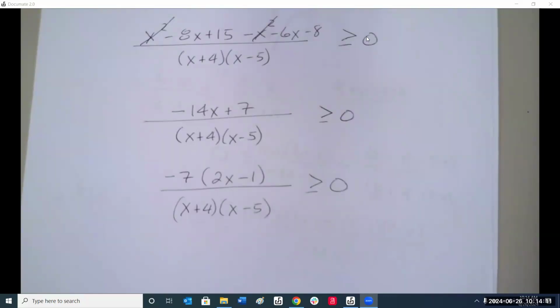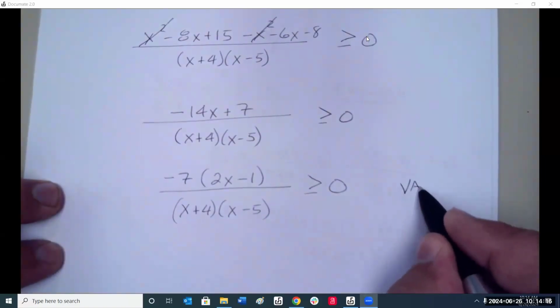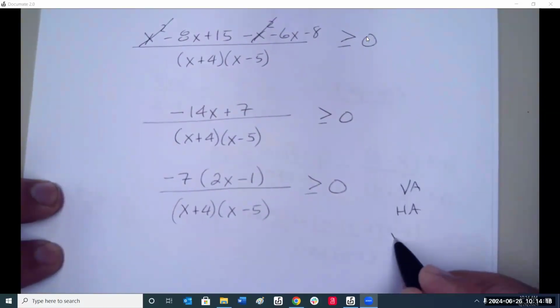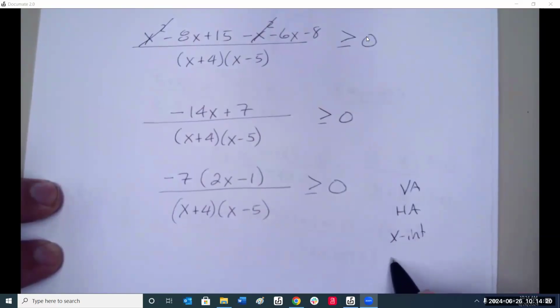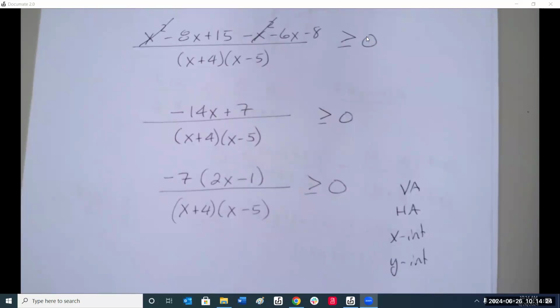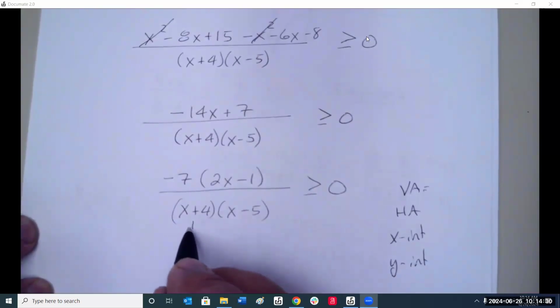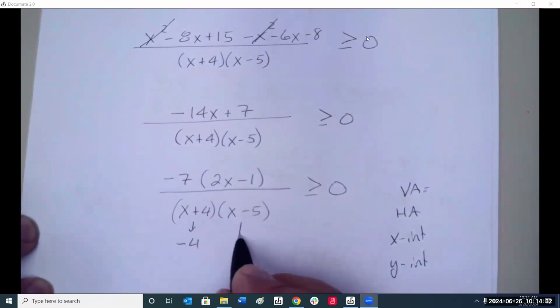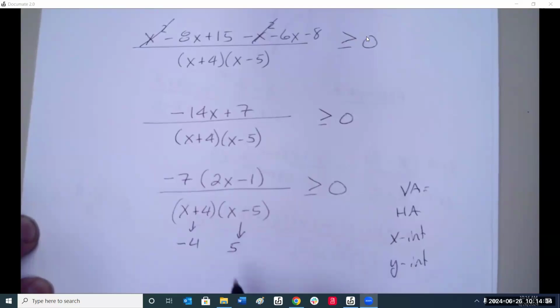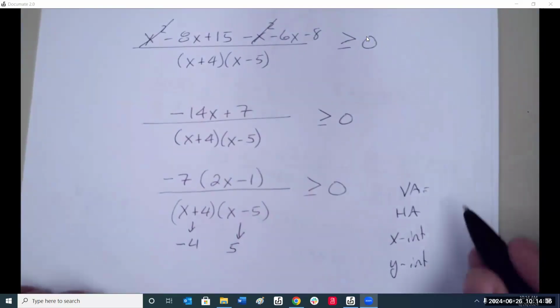Now what do we do? Well, the vertical asymptotes, yeah. So our vertical asymptotes are going to be negative 4 and positive 5. So the bottom equals 0.